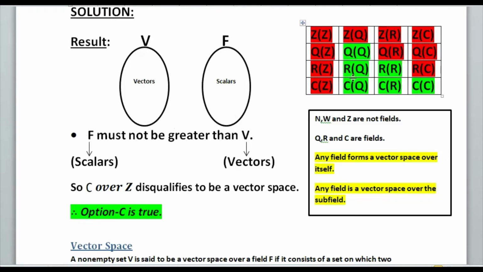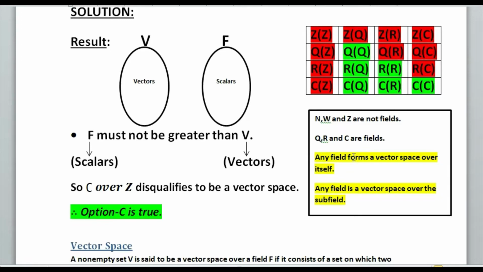We know that N, the set of natural numbers, W, the set of whole numbers, Z, the set of integers are not fields. Q, the set of rational numbers, R, the set of real numbers, C, the set of complex numbers are fields. Let us see two beautiful results.